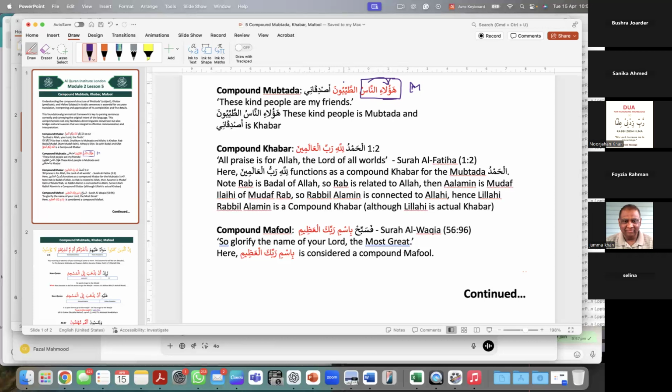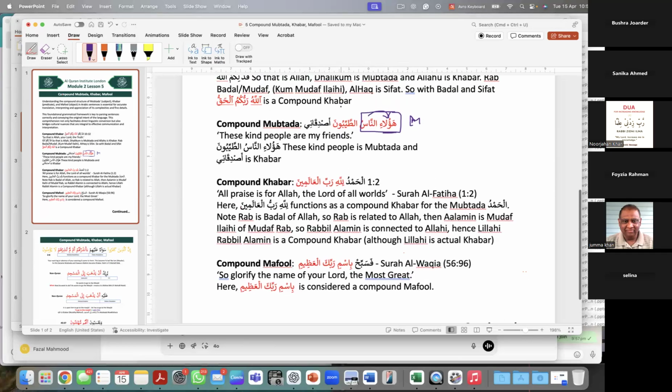And then asdiqai, my friends. So we have got these people are my friends. Okay, fine, correct, no problem with that. But what shall I do with this? This is hanging. It needs some connection.